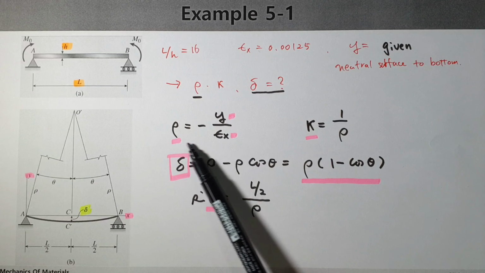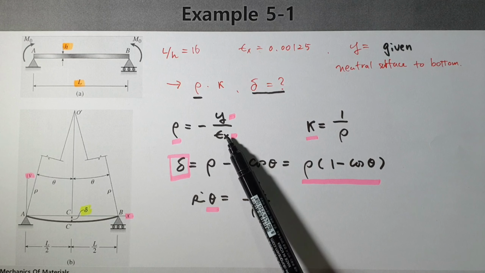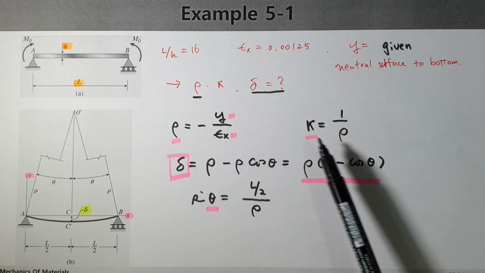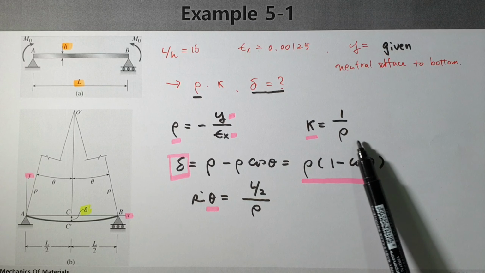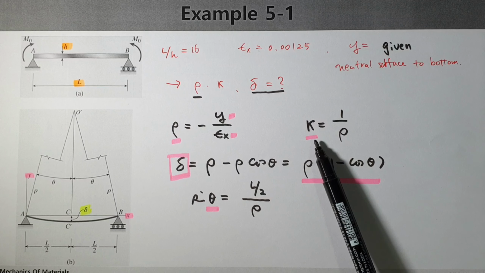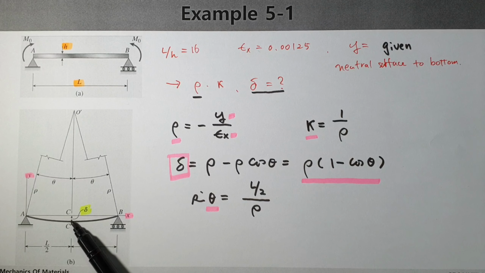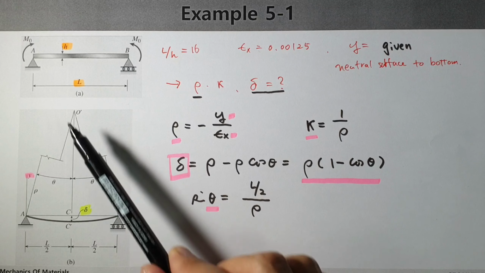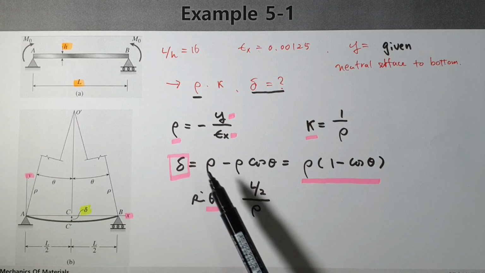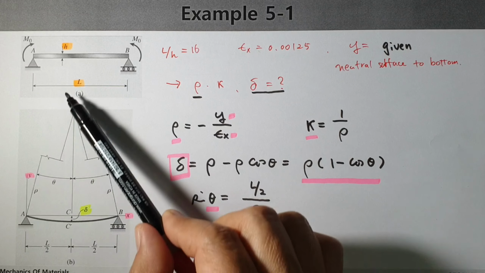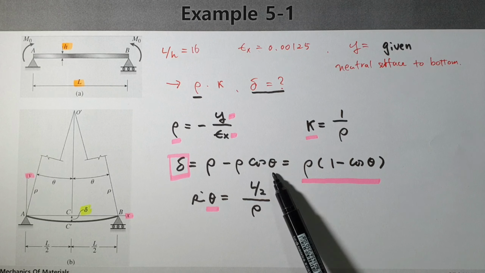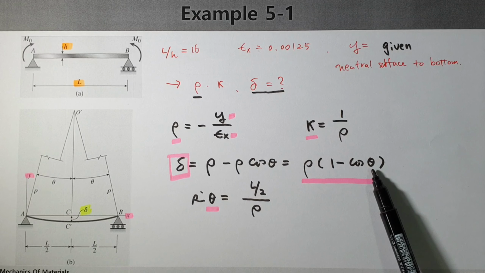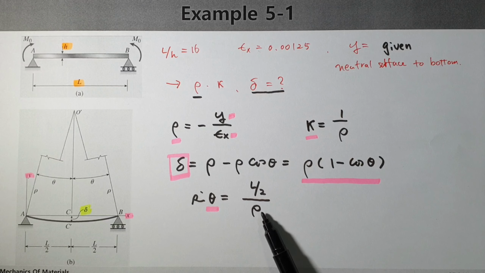At first we apply this formula, and since we know both of them, then rho is available. And we apply this formula, then we can calculate the curvature. The delta value is what? When you think about this kind of triangle, the radius minus rho cosine theta equals like this. And in order to find the theta value, we can calculate sine theta.